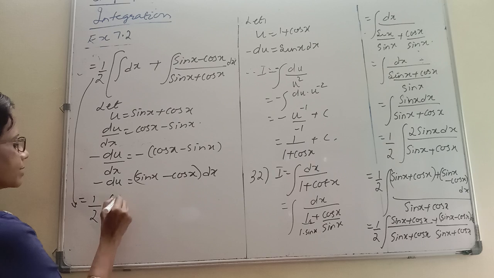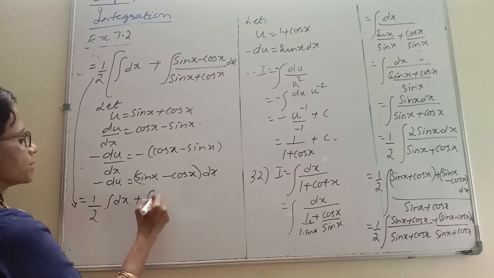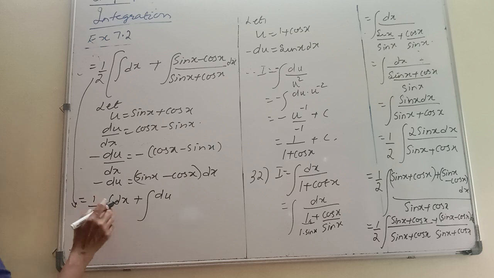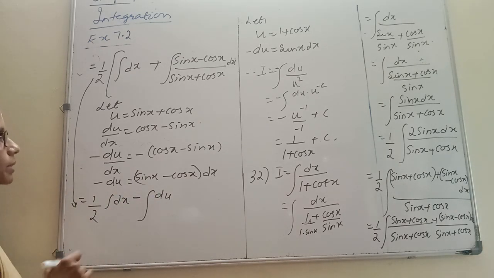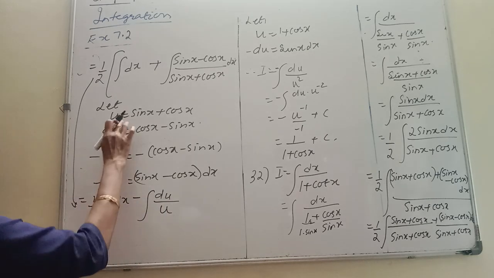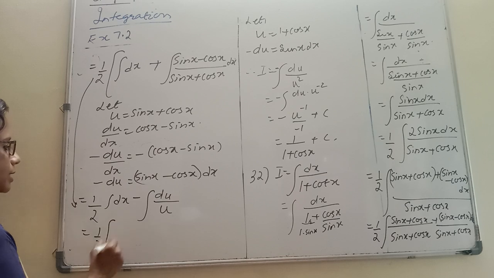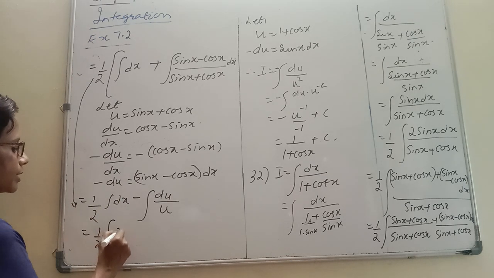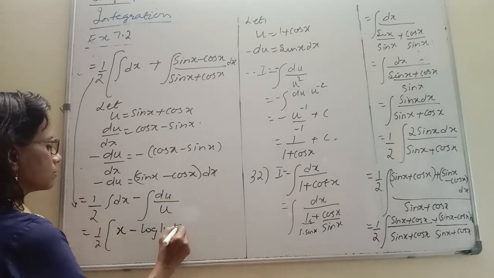Half integral dx minus, because that du minus will come here, and denominator is u because you've taken this as u. That's all. So half times the integral dx is x, and this is going to be log modulus u plus c.